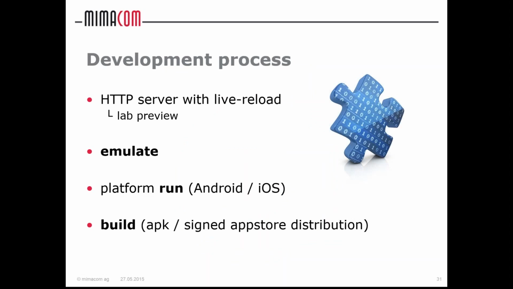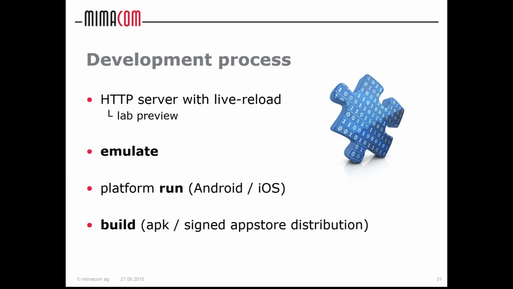What's the overall development process in Ionic? So we already saw that we can use an HTTP server that will serve the application. We can use this lab preview, with which you can compare how it will look a bit in iOS and Android environment. You can emulate. So this command starts your local emulator for Android or iOS if you are using a Mac OS system.